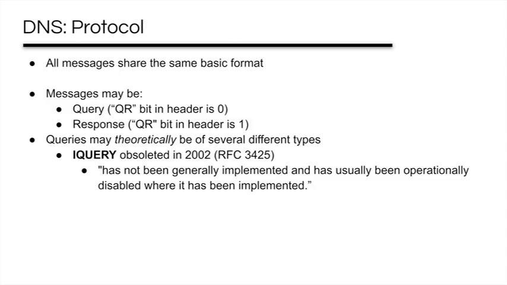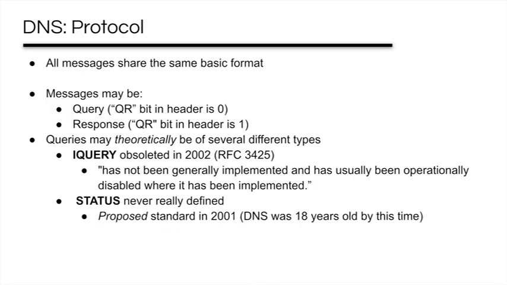So not extremely successful. There's also the status type, which was never really defined. There was a proposed standard in 2001, which nobody got around to trying to define until 18 years after DNS was defined. And this proposal was not even accepted.